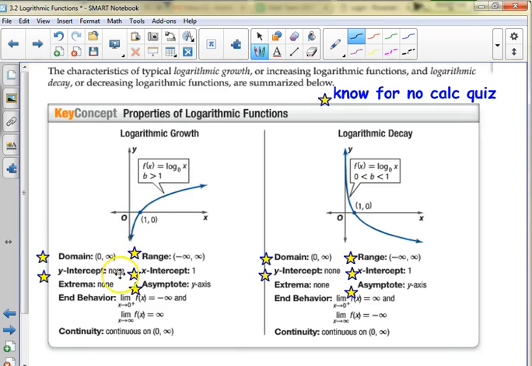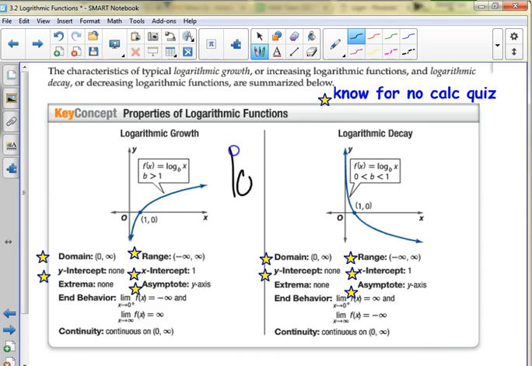All right. Again, the questions on the quiz are domain, range, intercept, and asymptote. Okay? Domain, range, intercept, and asymptote. You have to be able to graph a log question. The easiest way to graph a log question is to rewrite it as an exponent and then do what to all the ordered pairs? Flip them.